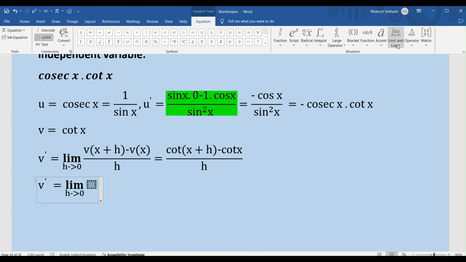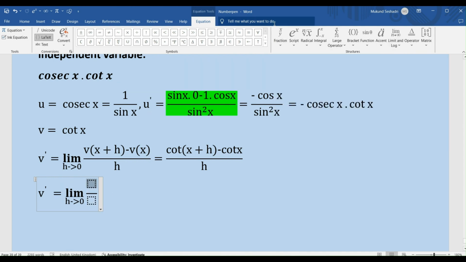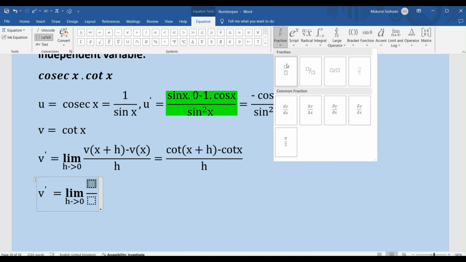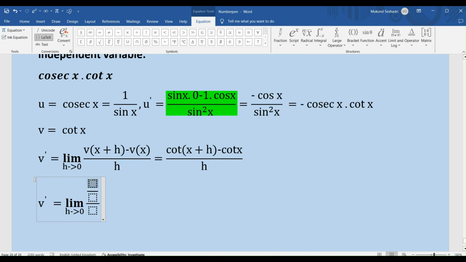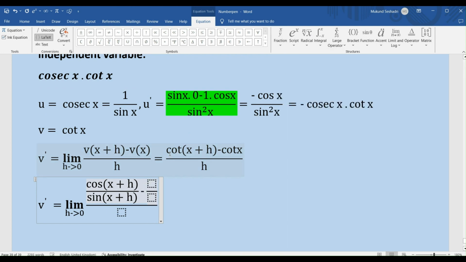So my cot of x plus h is cos x plus h divided by sine of x plus h minus, what is my cot x? My cot x is nothing but cos x by sine x, right? So let me write that again. I have my h in the denominator, right?